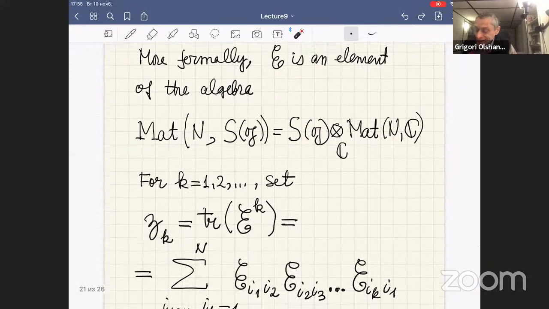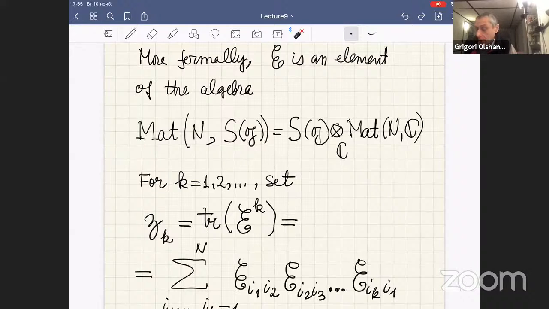Next, let's take the trace of the power number k of this element. Again, here all is correctly defined. This is an element of some algebra. We can raise it to power k. We get some matrix, formally an element of this object. Take the formal trace, the sum of diagonal entries.